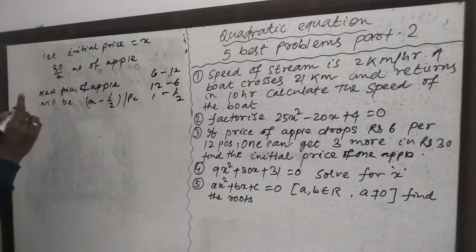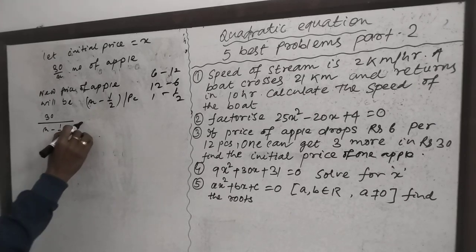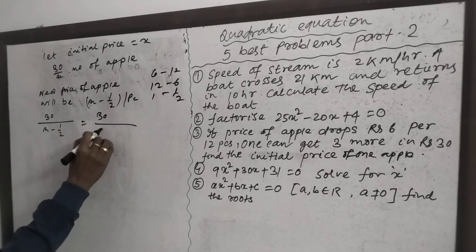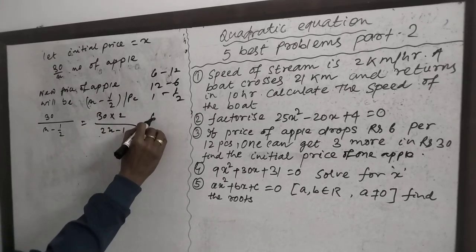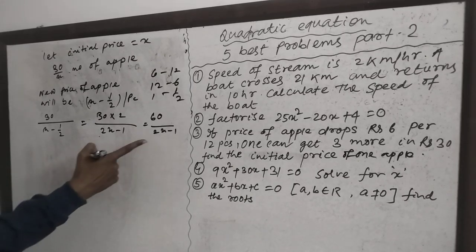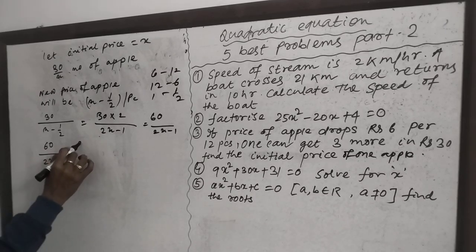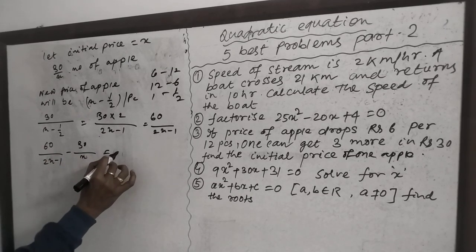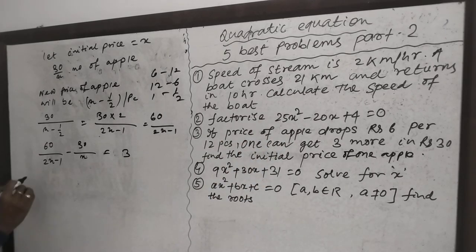Now the number of apples we'll get in rupees 30 is 30 by (x minus half), that is 30 by (2x minus 1) into 2, that is 60 by (2x minus 1). According to the question, this number is greater than this number: 60 by (2x minus 1) minus 30 by x is equal to 3. We'll get 3 more apples.